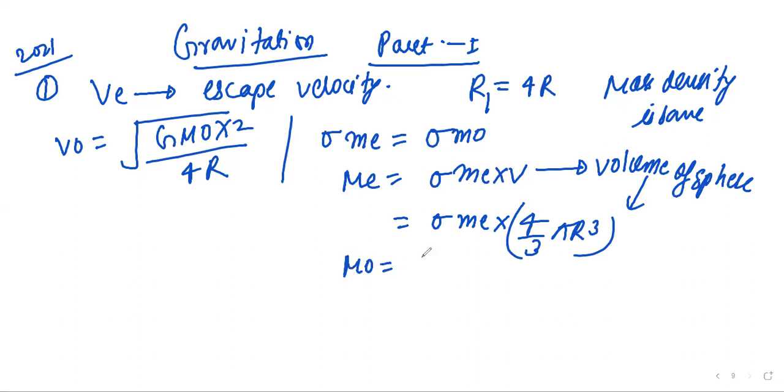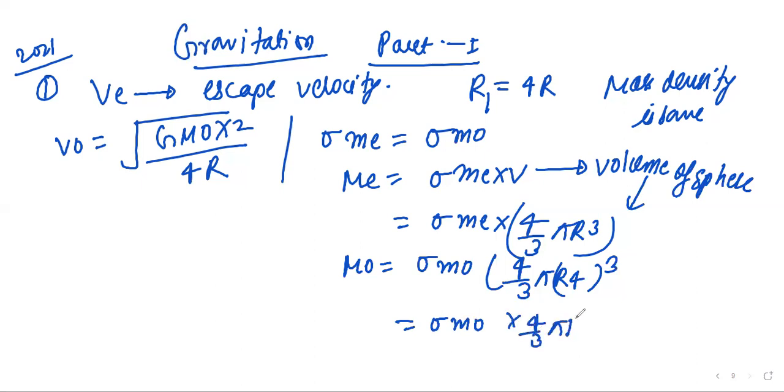It is sigma M naught into 4 by 3 pi r cube. For M naught, the radius is 4 times, so it is 4 times r cube. So it is coming out to be sigma M naught into 4 by 3 pi r cube into 4 cube, which is 64.